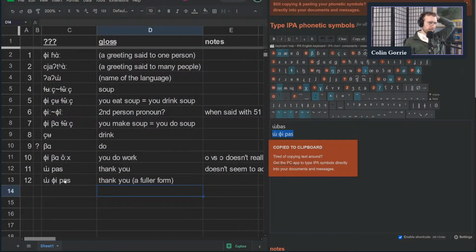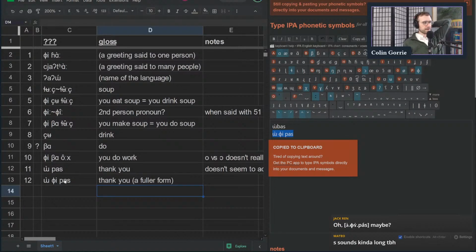And do you know if that bus has a more literal meaning, or is it just something that means thank you? What do you mean? Do you want to directly translate it into English? So technically it means I thank. I see.